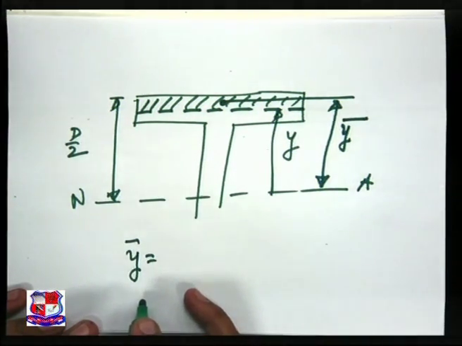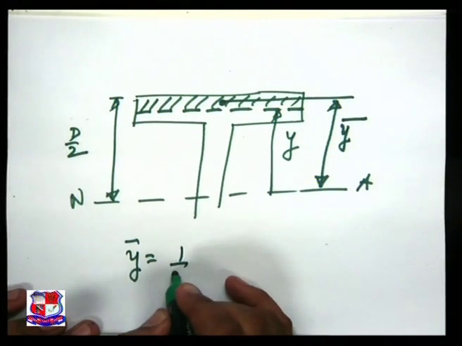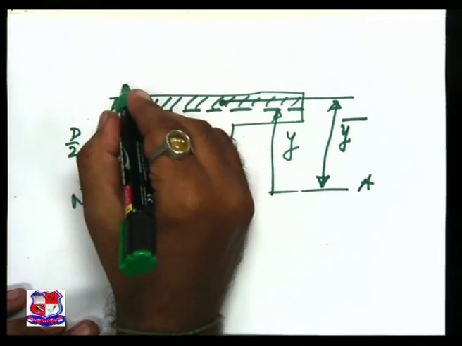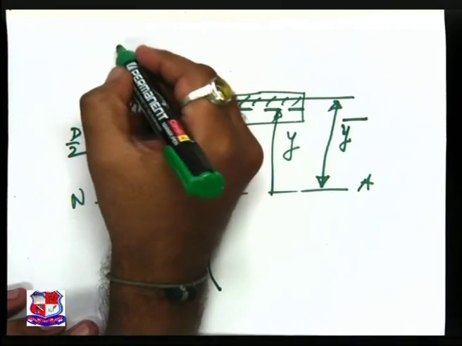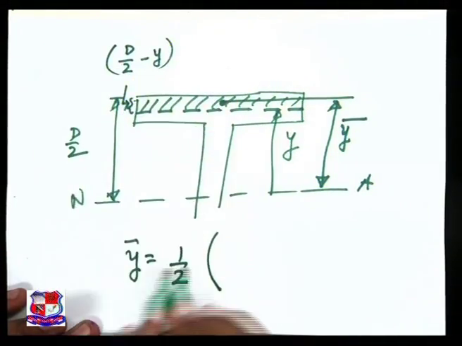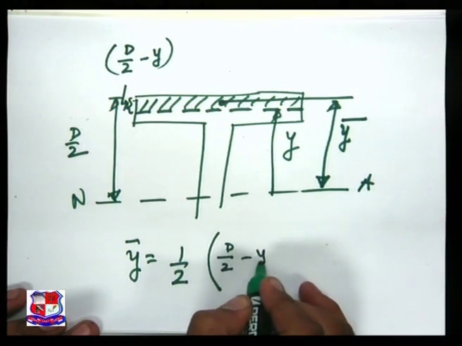Y bar is equal to half of this distance available, which is d by 2 minus y. So half of d by 2 minus y.